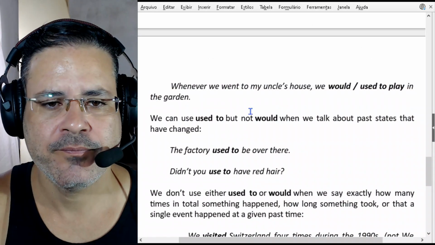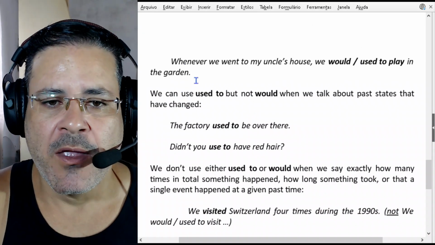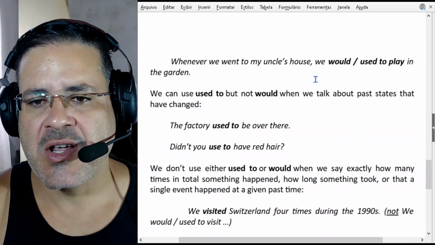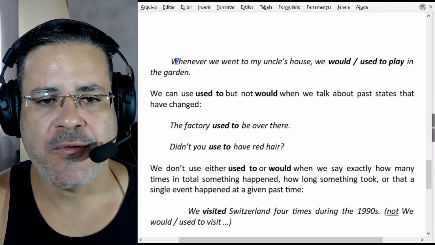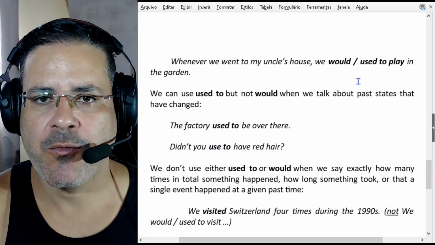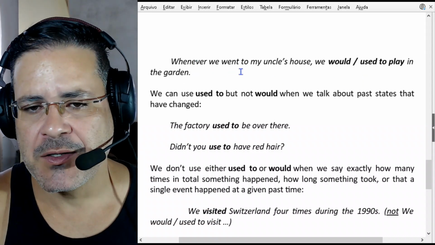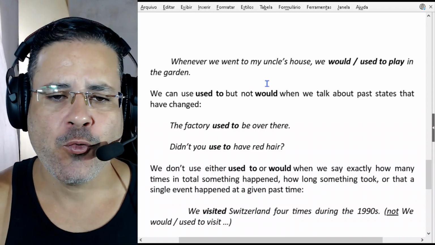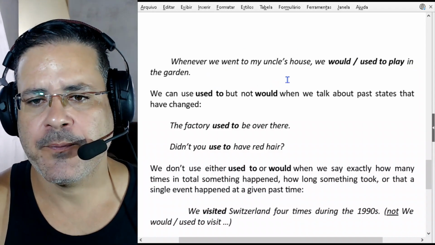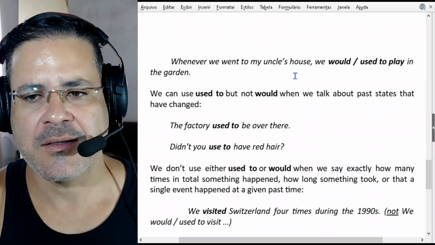Another example: whenever we went to my uncle's house, we would play in the garden. So there's a time reference here, so we can use both ways. Whenever we went to my uncle's house, we would play in the garden, or whenever we went to my uncle's house, we used to play in the garden.